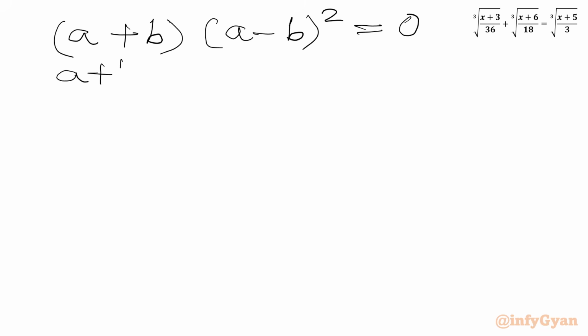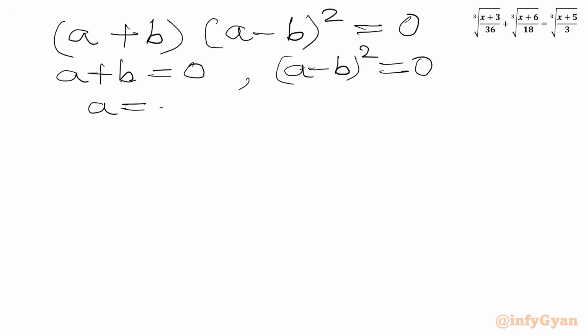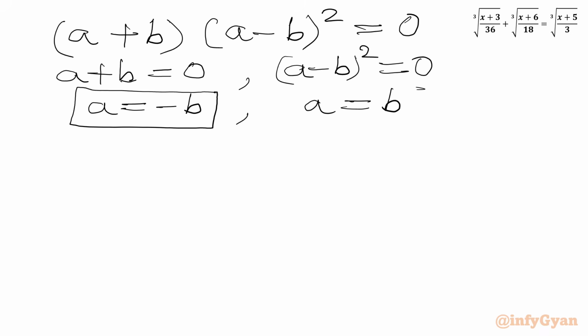Either a plus b equal to 0 or a minus b whole square equal to 0. So from our first equation we will get a equal to minus b, and from the second equation we will get a equal to b.